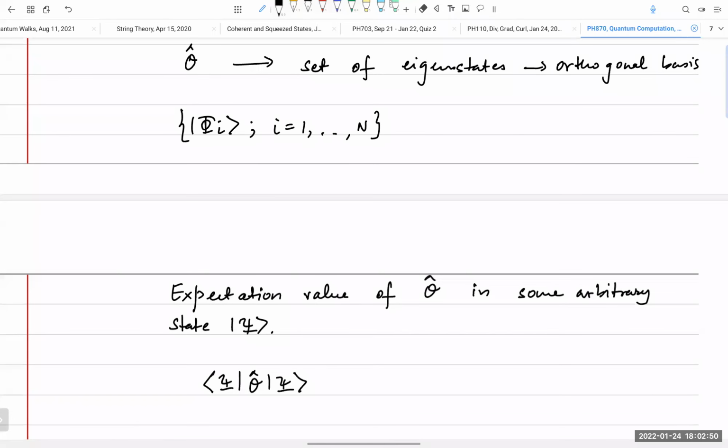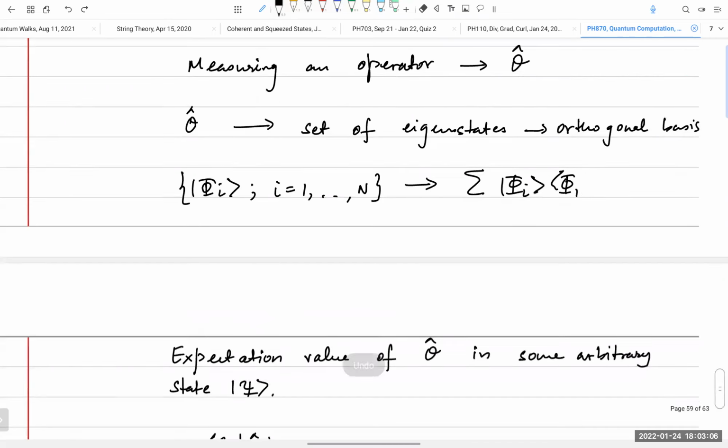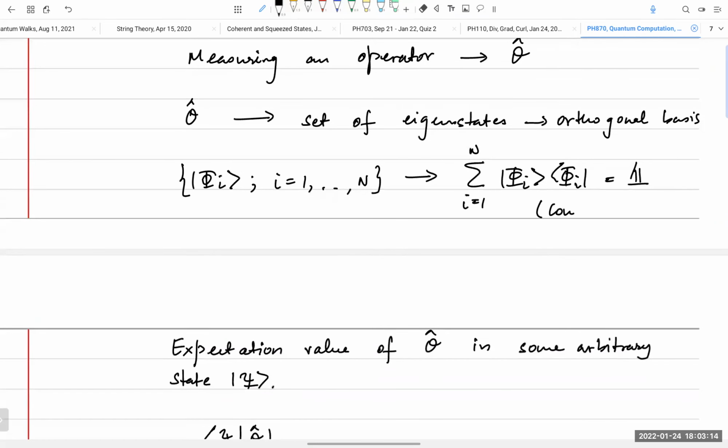Now I have a set of eigenstates here. And since these are eigenstates, I know that if I take the outer product of each eigenstate and I sum over all of the eigenstates, I get the identity. This is the completeness theorem.